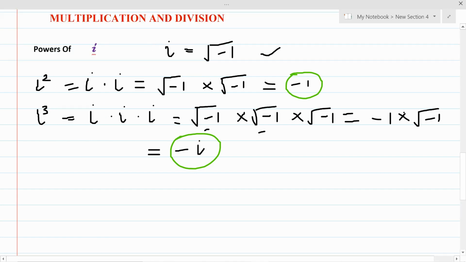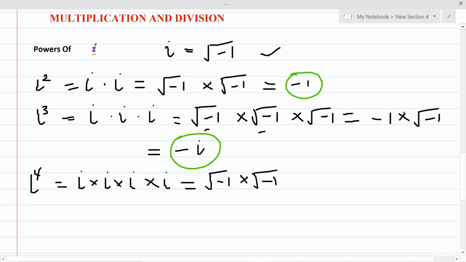Let's look at i raised to the power 4. This is i times i times another i times another i, which gives the square root of -1 four times. The first two multiplied give -1, and the last two multiplied also give -1.